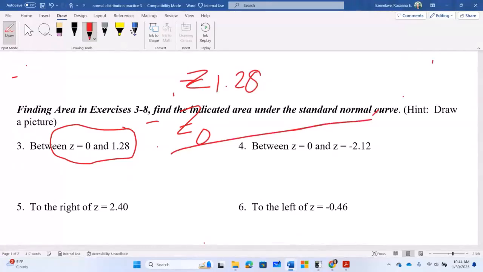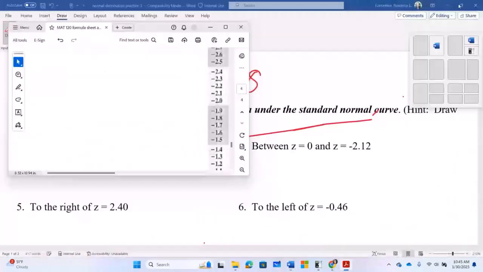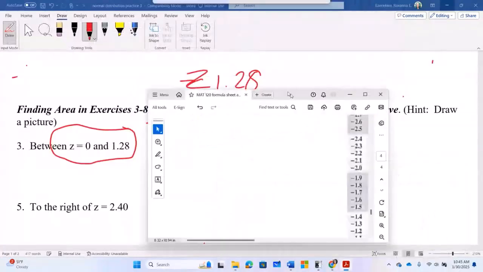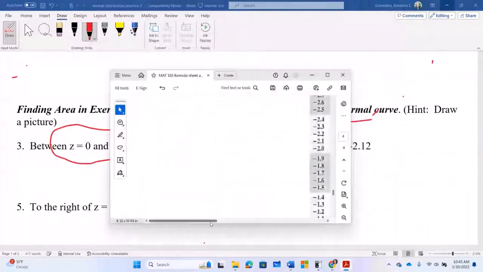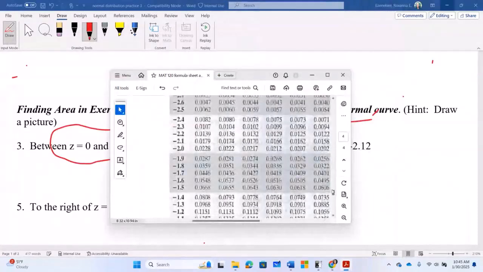So watch me find the area of the greater part. I'm going to go to the chart. The greater number is 1.28, so I'm looking for 1.28, and I am going to keep looking for a positive number.